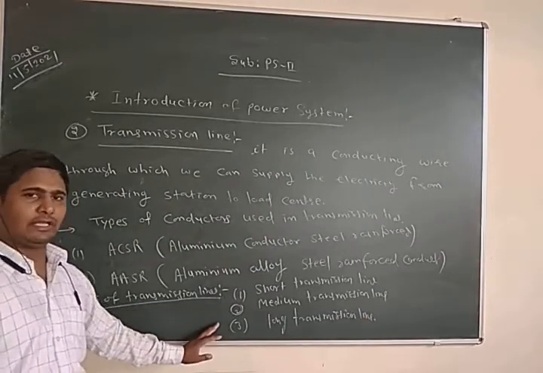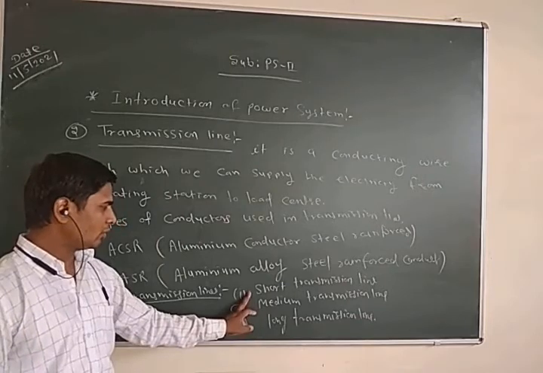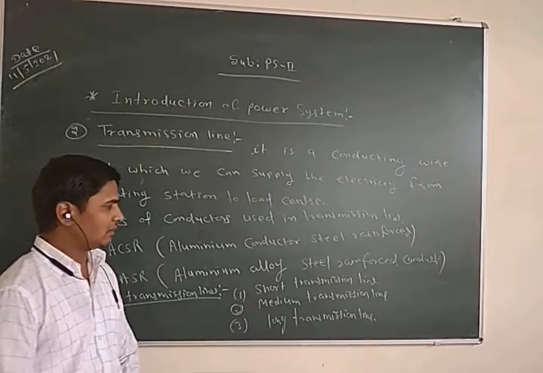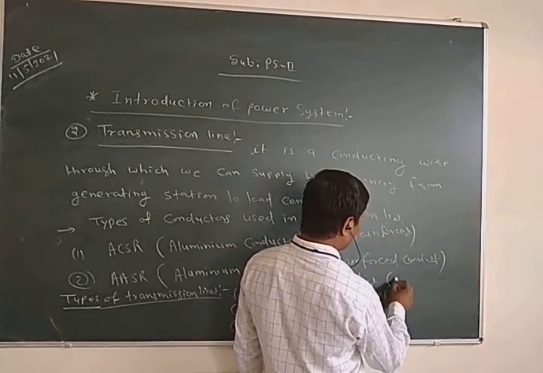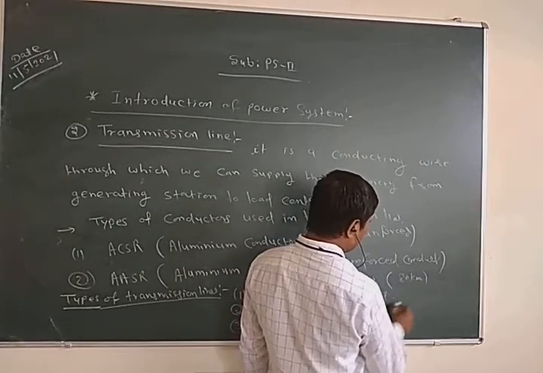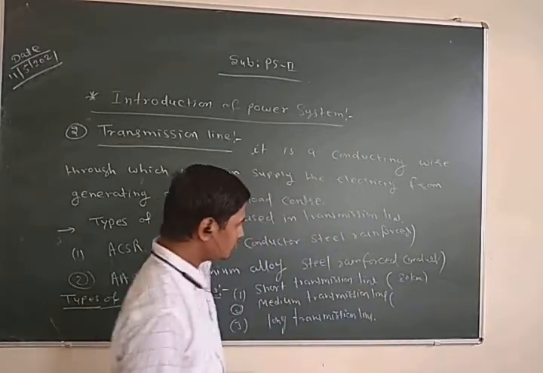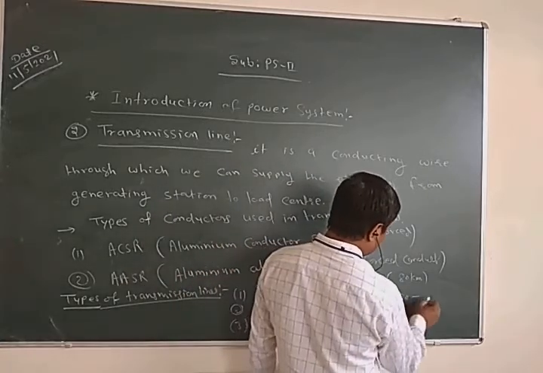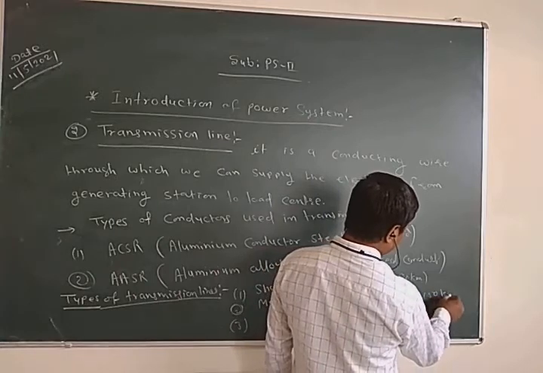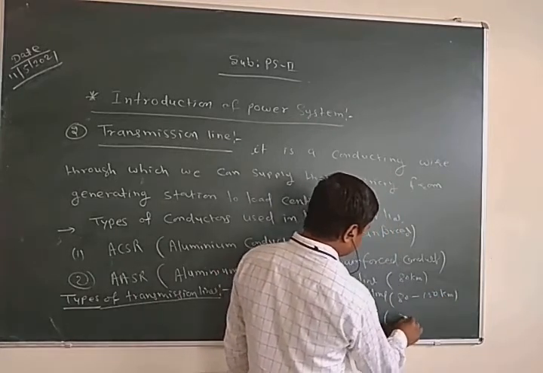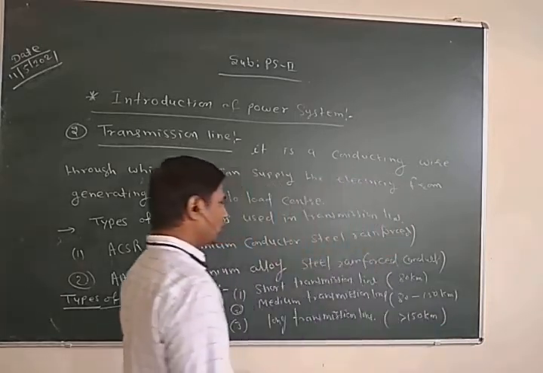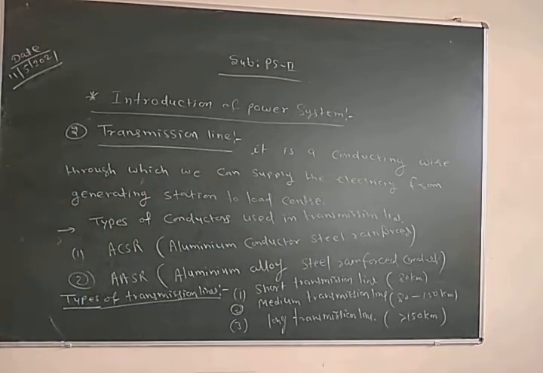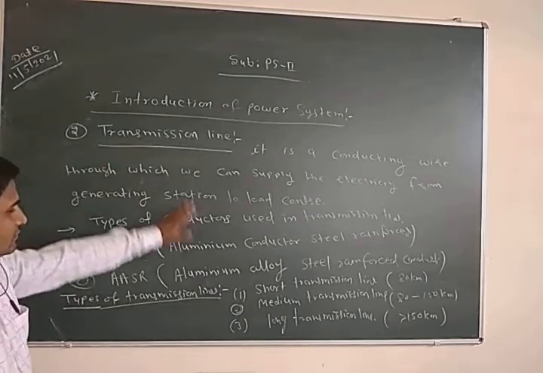The length of short transmission lines is up to 80 km, medium transmission lines are from 80 to 150 km, and lines greater than 150 km in length are known as long transmission lines. So this is the basics about transmission lines.